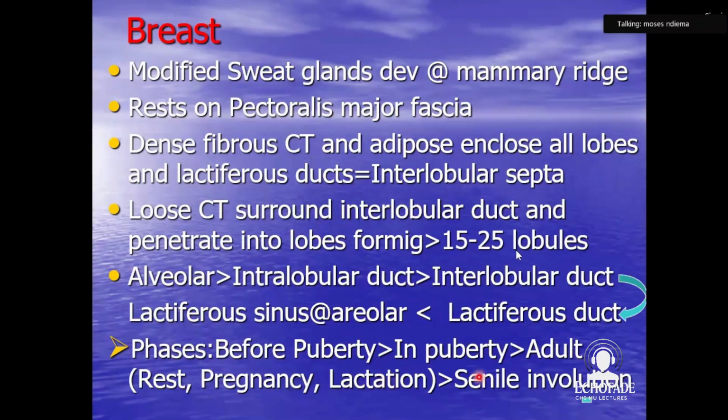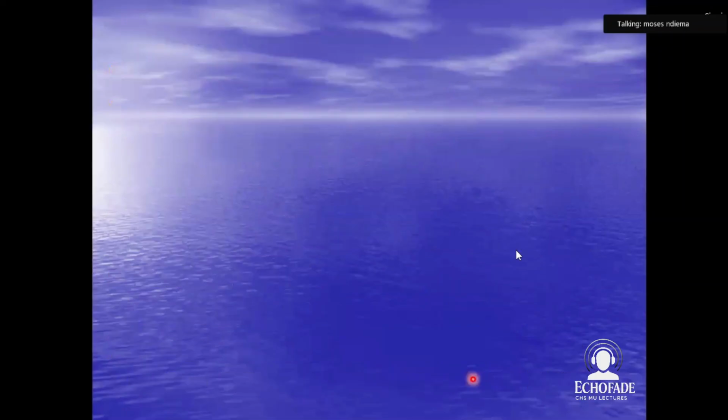And then all of these glands undergo involution, so that during the senile stage, after menopause, where the influence of the hormones is lacking, we have involution, and a lot of it is replaced by adipose tissue.